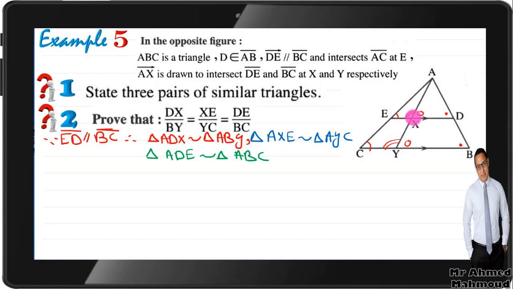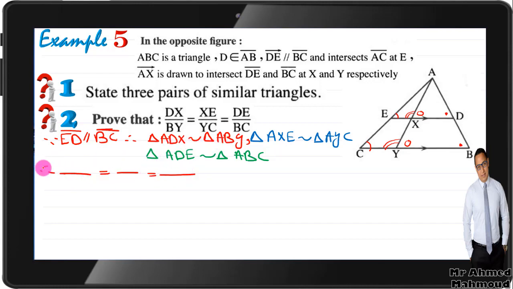DX and BY are included in the first similarity, XE and YC in the second similarity, DE and BC in the third similarity. So I need the three similarities. So I will start from the first similarity.